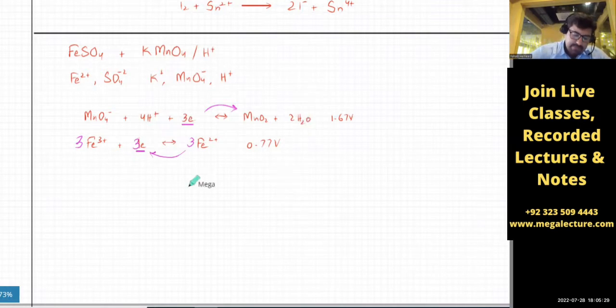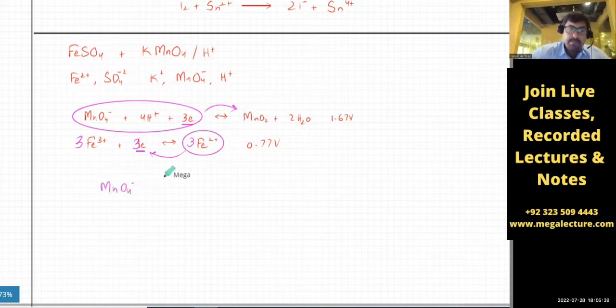What are the reactants in the first equation? The reactants are these. And what are the reactants in the second one? It's these. So add them up. It's going to be MnO4 minus 1 plus 4H plus 1 plus 3 Fe2 plus.